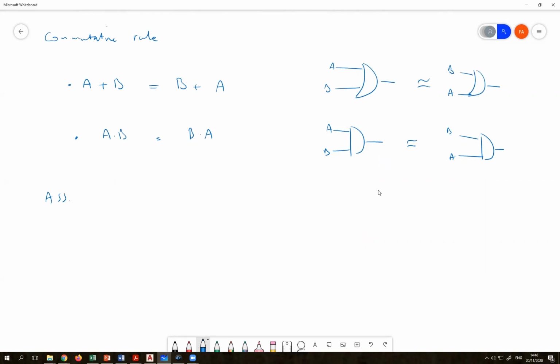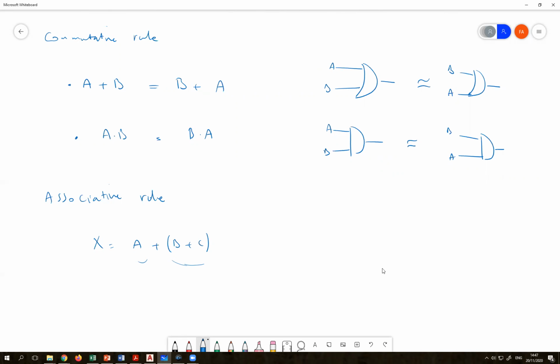Associative. What is the associative rule? In the associative rule, we say that if we have X equal to A or B or C, you can change, if all of them are OR gates, we have 2 OR gates here. This is one OR gate and this is the other OR gate. What we can do is change the parentheses, or change the position of the OR gate.